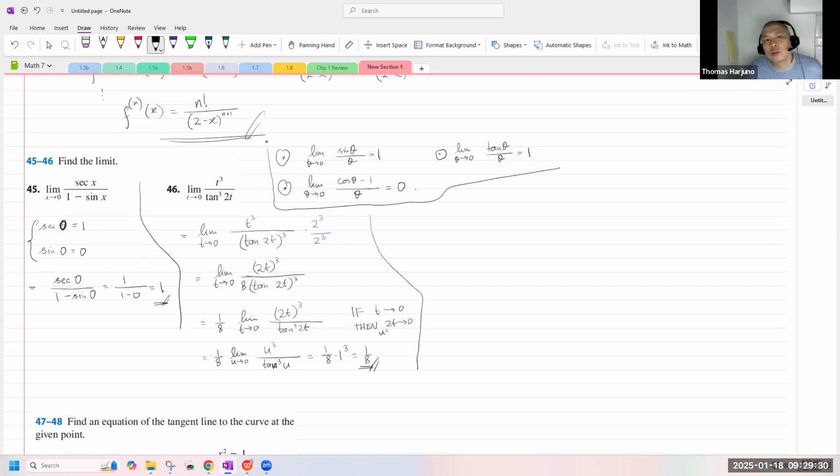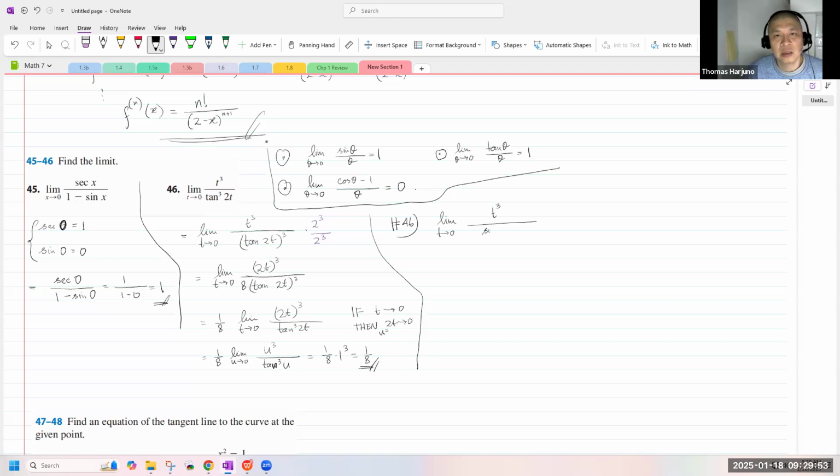Okay, now notice what I did here. I used my formula that our textbook didn't provide. So can we do it the textbook way, Thomas? Let's try. First, I will rewrite tangent cubed as sine over cosine cubed.